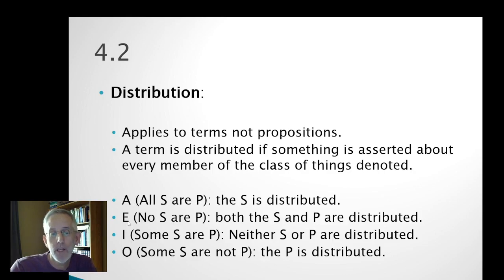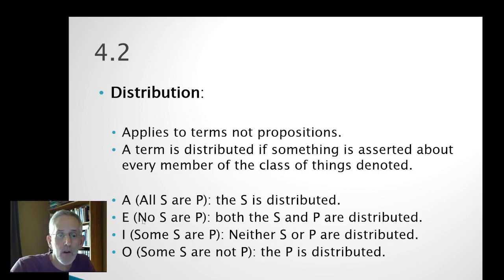Okay, moving to an E-form proposition, no S's are P's. Both the S term and the P term are distributed. So what that means is that when you put a no quantifier on front of a categorical proposition, you are going to end up asserting something about every member of the S class and every member of the P class. So let's stick in dogs and mammals, and I think it becomes a little more obvious.